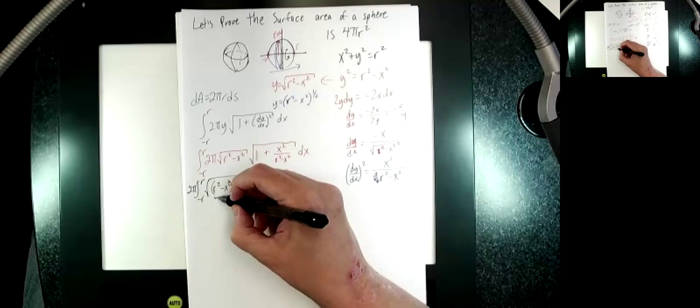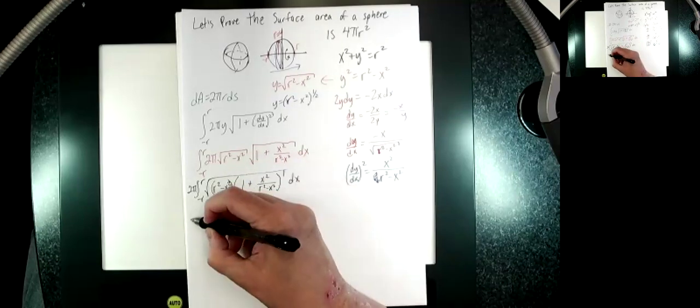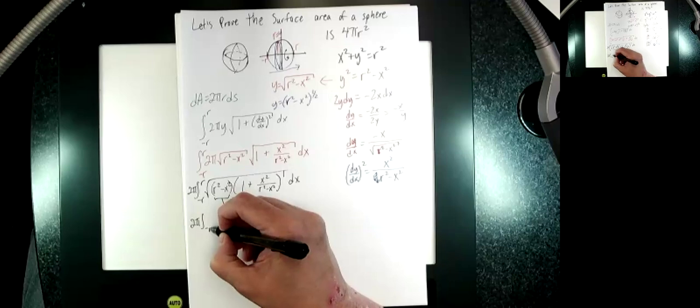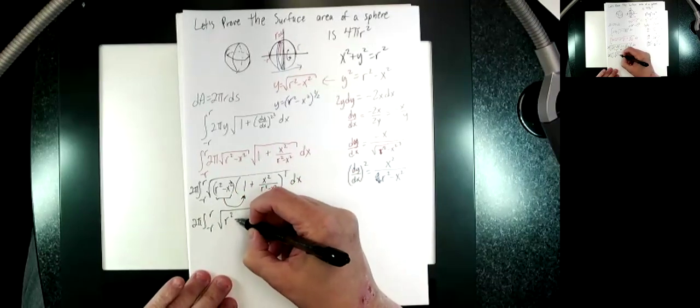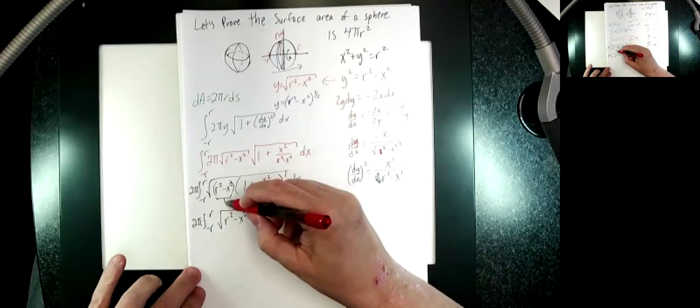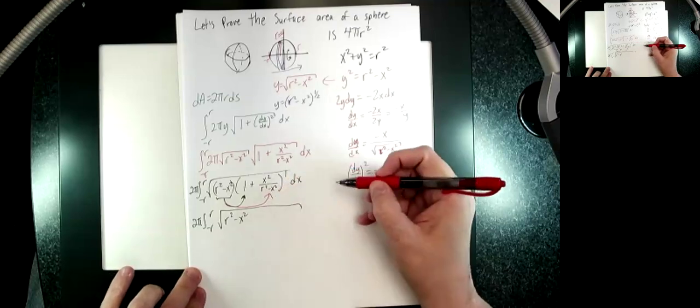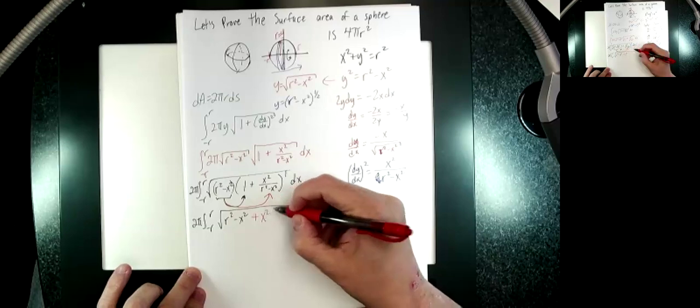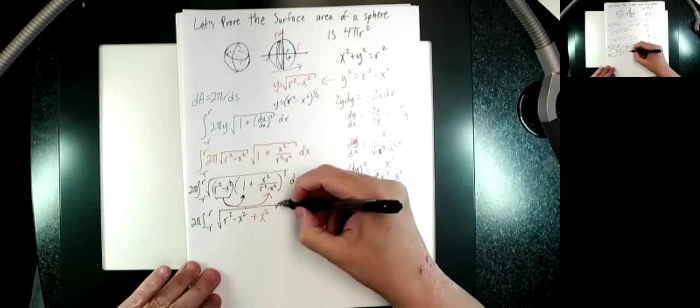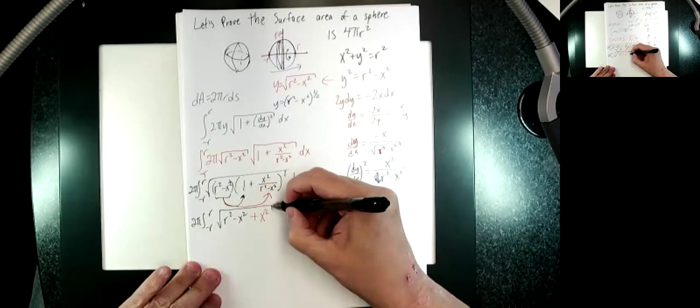So if I take this whole thing and multiply by that, I have r squared minus x squared. And if I take this whole thing and multiply by that, it cancels out and I just have plus x squared. And it looks like I didn't need all this extra dx.